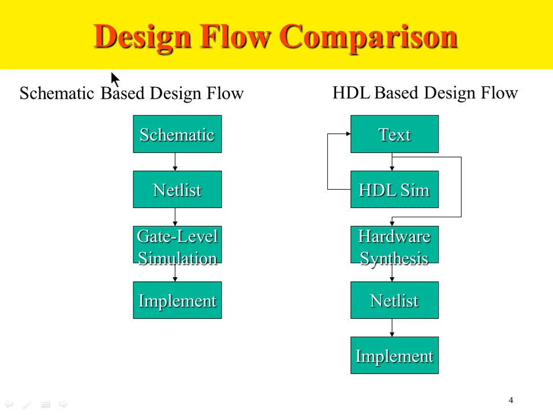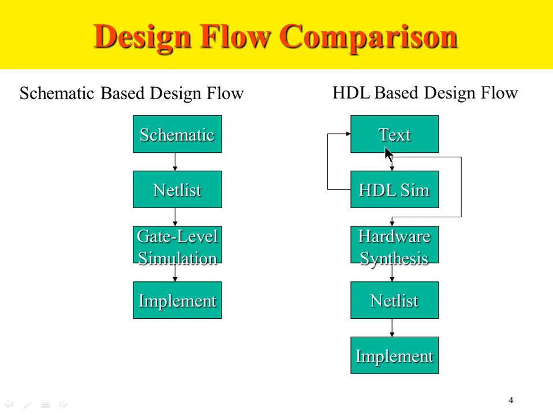The left hand side that you see here was the old schematic based design flow, where we had a schematic which was a man-made, human-designed schematic. We created a netlist of this. Then we could do a gate level simulation of that netlist. After the gate level simulation was done, where we were sure that the design was working as per the design specifications, we implemented that design and manufactured a chip out of it.